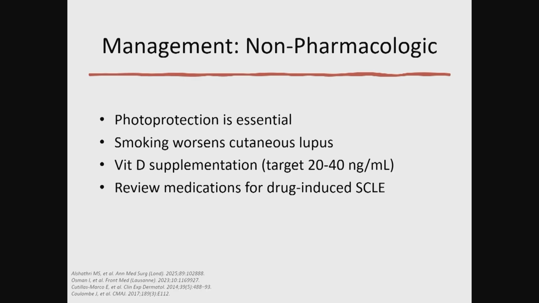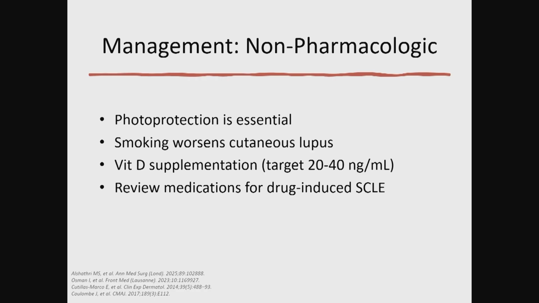If you look at other fields in medicine, like neurology, multiple sclerosis, and vitamin D deficiency, for example, we know that if you get the vitamin D levels back up to the normal range, the immune system behaves better. Okay? So, photoprotection is paramount. Smoking cessation, you're doing them a huge favor. Get their vitamin D levels up as well.